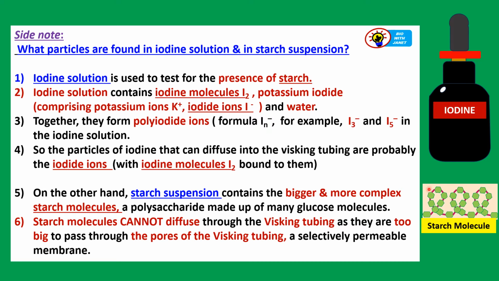So here is spiral in shape, and it is a complex molecule, bigger than the iodide ions and bigger than the iodine molecules. So it cannot diffuse through the whisking tubing, as the starch molecules are too large to pass through the pores of the whisking tubing, which acts as a selectively permeable membrane. So for starch suspension, we just mention the particles as the starch molecules.